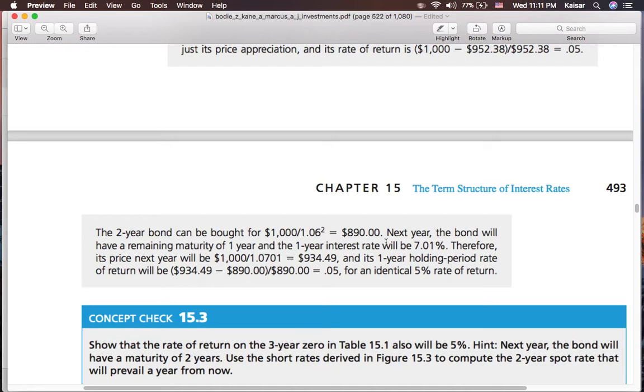Therefore, its price next year will be 1000 divided by 1.0701, 934.49, and its 1-year holding period rate of return will be 934.49 минус 890, потому что он продаст за 934, купил за 890, делить на 890 equals 0.05 for an identical 5% rate of return.